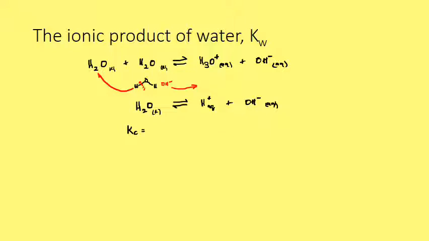So you'll remember that the equilibrium constant is the concentrations of the products times their molar amounts from the balanced equation divided by the concentration of the reactants in the equilibrium equation, which in this case is water. So we have an equilibrium constant expression here for water as it dissociates slightly.